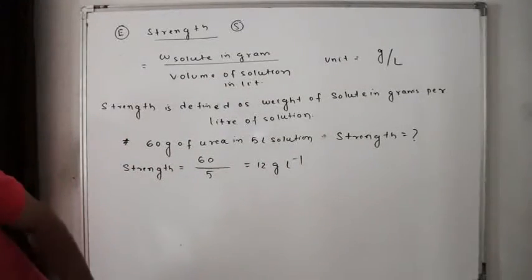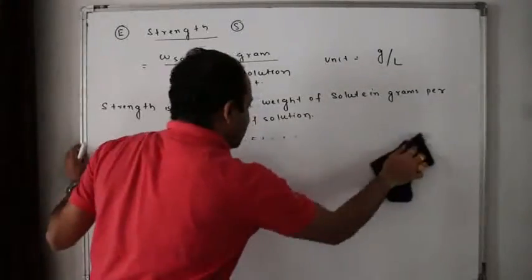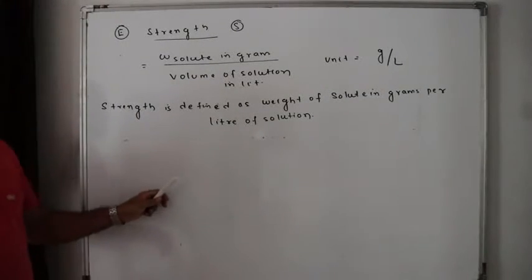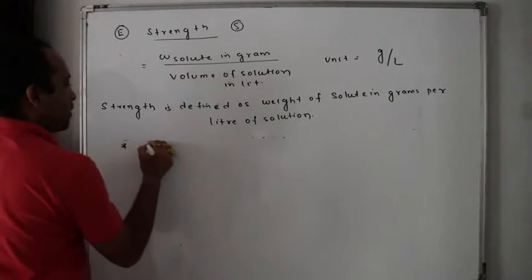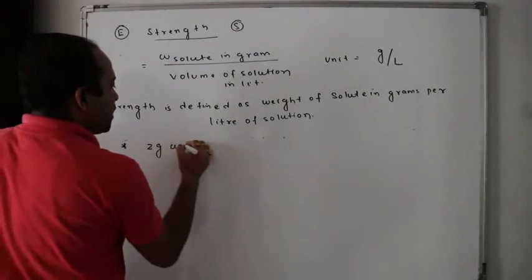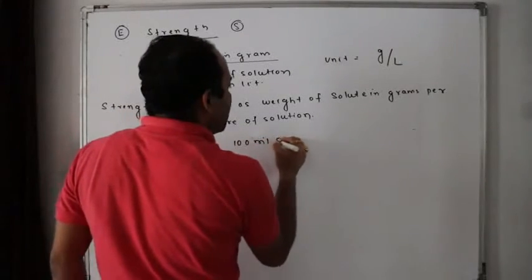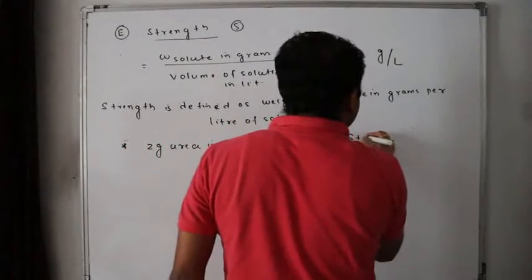Now, let us go for one more question. The question is 2 gram urea per 100 ml solution. I can say 2 gram urea in 100 ml solution. What will be the strength?